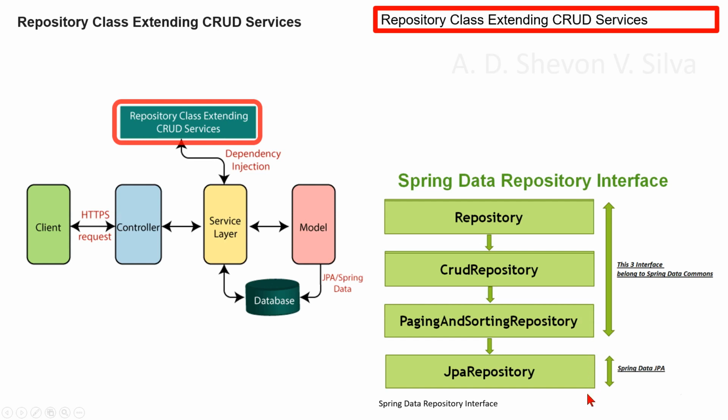For example, it contains flush method, save and flush method, save all and flush method, delete in batch method, etc., along with the methods available in CRUD repository. CRUD repository doesn't provide methods for implementing pagination and sorting. JPA repository provides all the methods useful for implementing pagination.